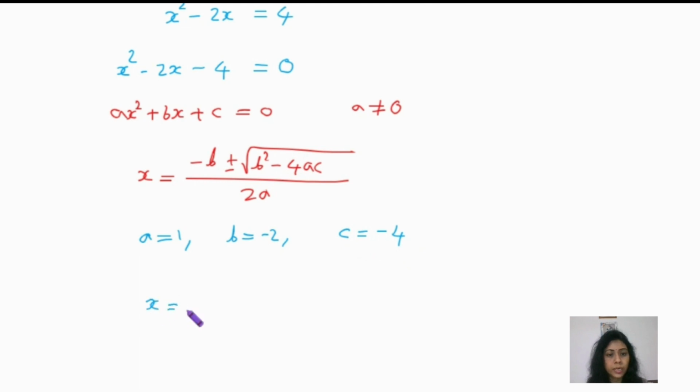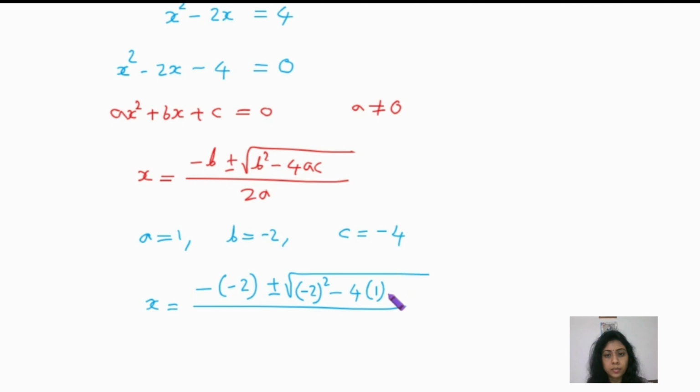Now we can find out x. Here we substitute all values in the formula. Minus b, what is the b value? The b value is minus 2, plus minus square root of b squared, so minus 2 squared, minus 4 times a value 1 and c value minus 4, upon 2 times a value 1.